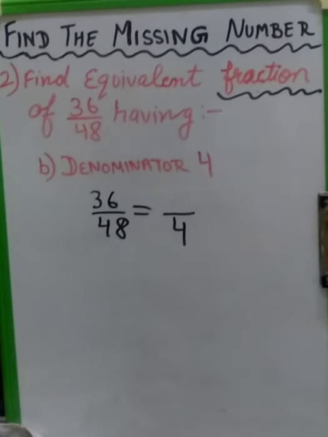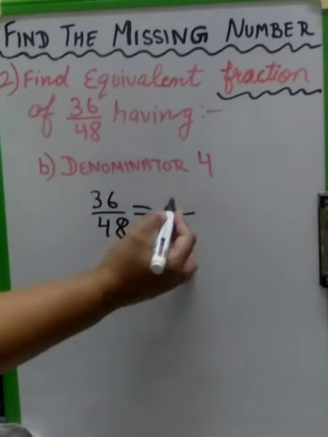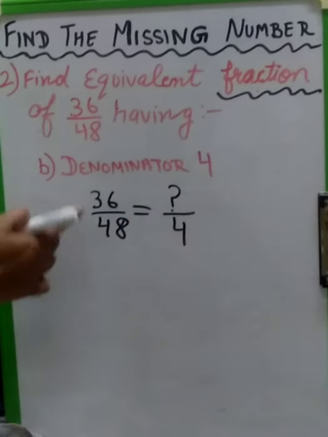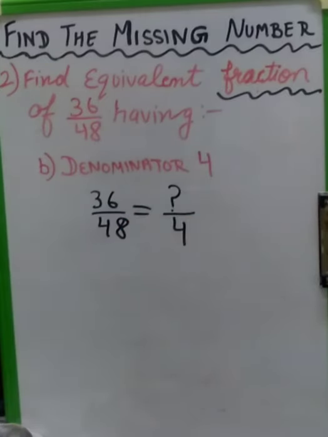So just see now, the next example is, we need to find out equivalent fraction of 36 upon 48 having denominator 4. So 36 upon 48 can be written as equal to blank upon 4. So we need to find out the equivalent fraction of 36 upon 48.